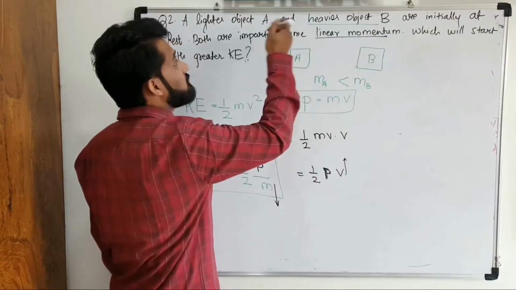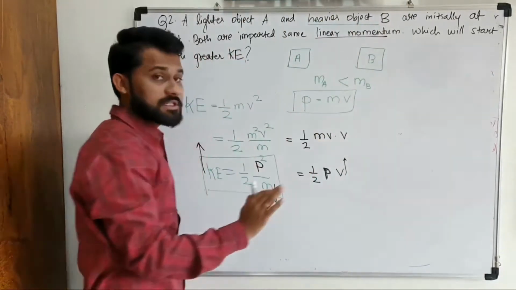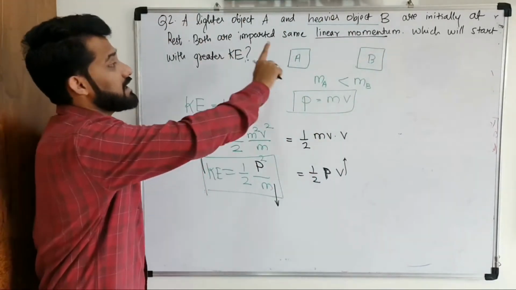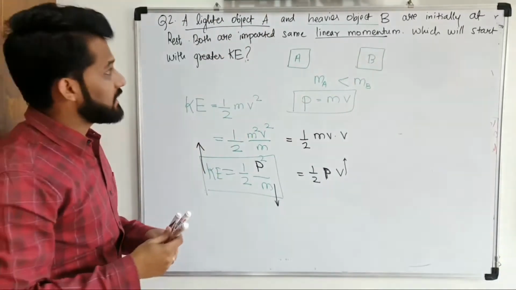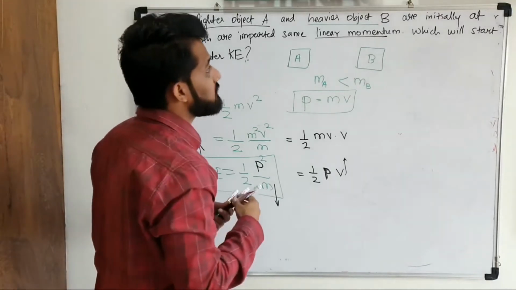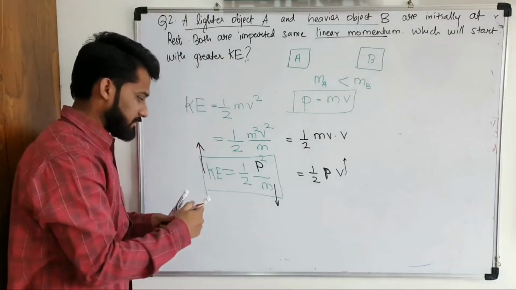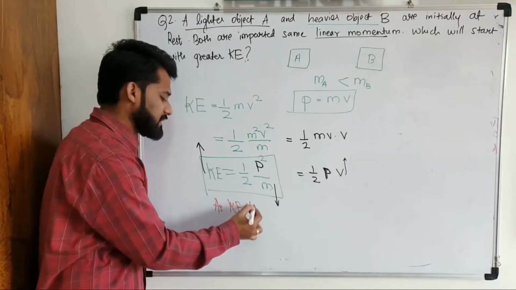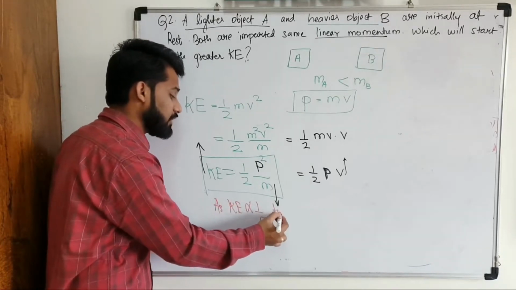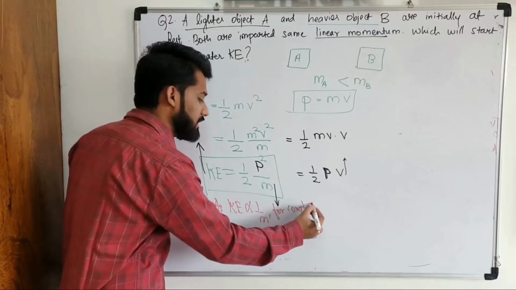But in this question, masses are given, not the velocities. So clearly it is given that A का mass is less, B object is heavier, mass of B is large. So from this expression, kinetic energy is inversely proportional to mass for constant linear momentum.